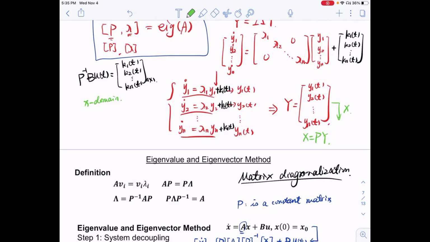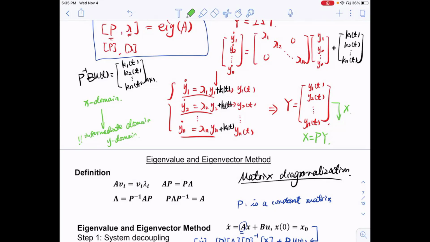So what we do is we find an intermediate domain, which is the y domain. In this y domain, we have a lot of nice properties. The most important one is that in the y domain, all your coordinates are decoupled. So you won't have x1, x2, x3 in one equation.